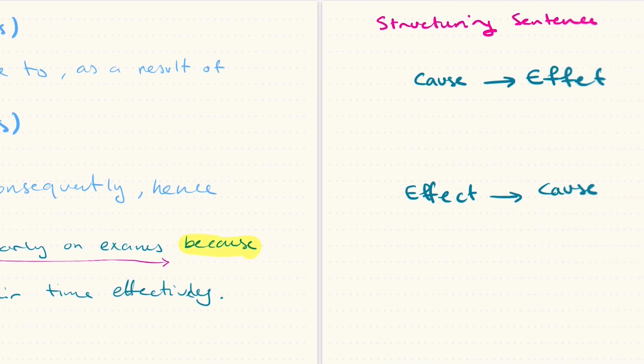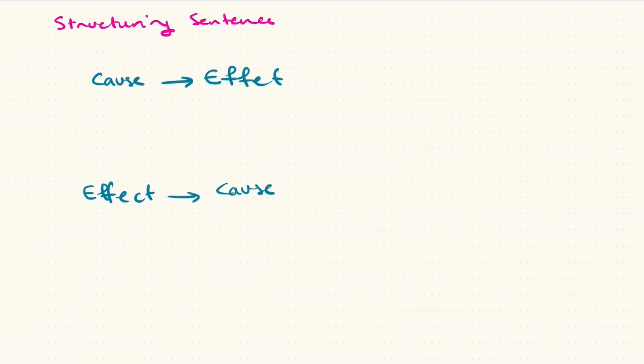So what are some structures that we can use to formalize these transition words? One is that the cause comes first, and then we talk about the effect.